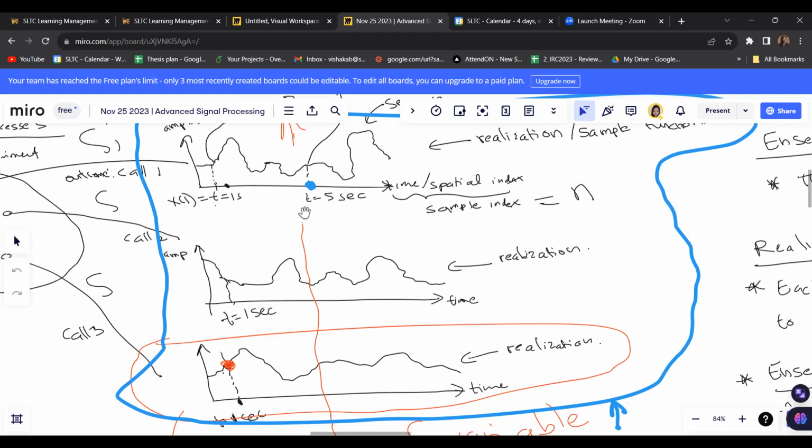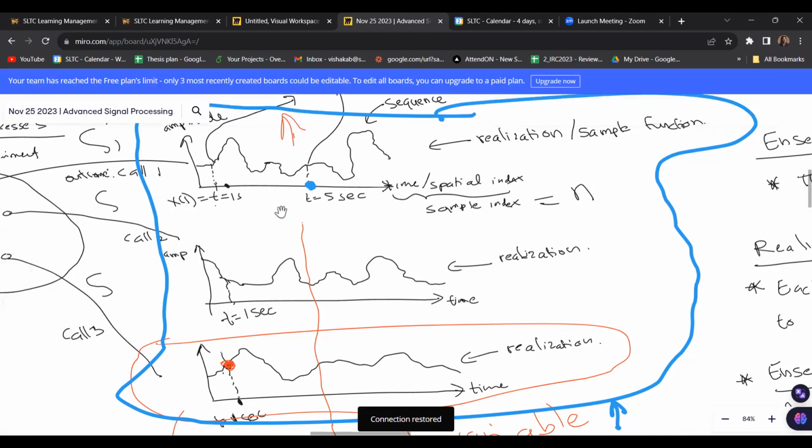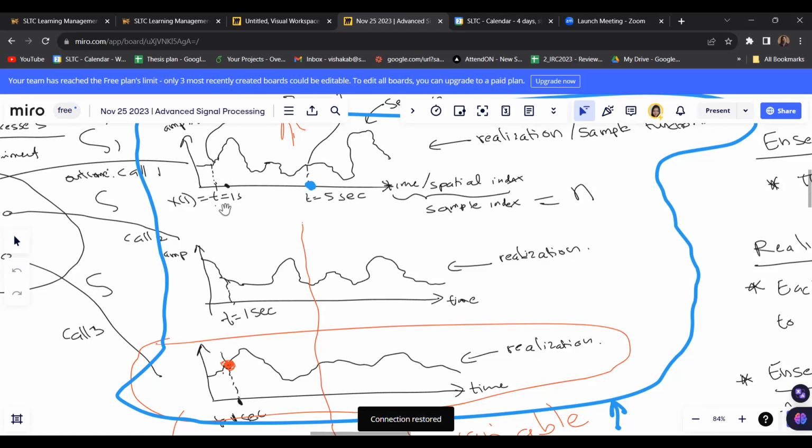So t equals 5 seconds is a lag, an instance that occurs after a certain time delay with respect to the first time instance that we are considering. So anyway, we will use autocorrelation to find the similarity between the random variables that occur at t equals 1 second and t equals 5 seconds.